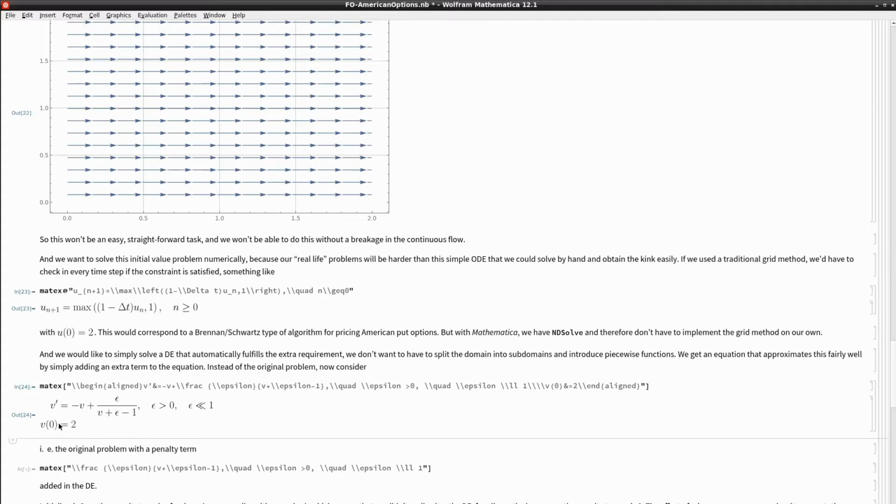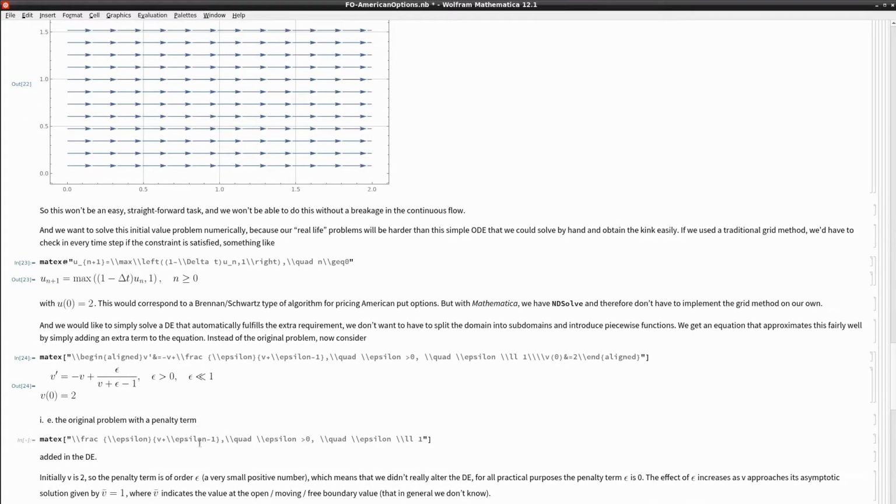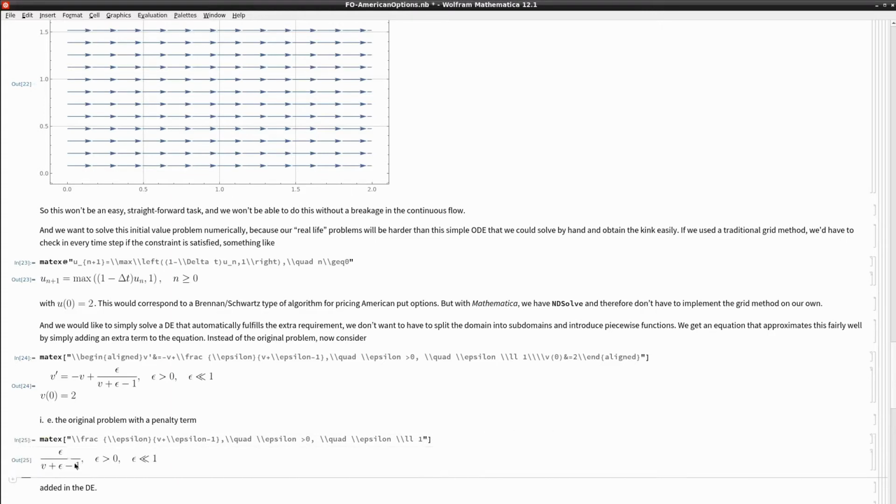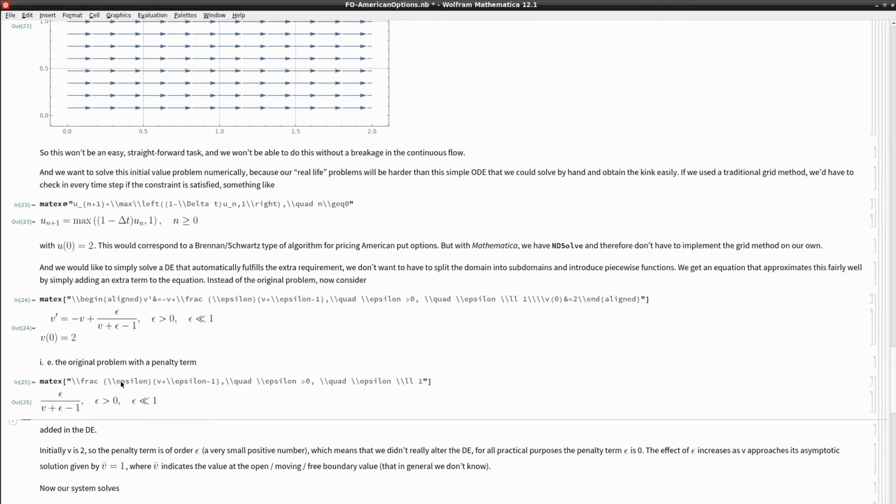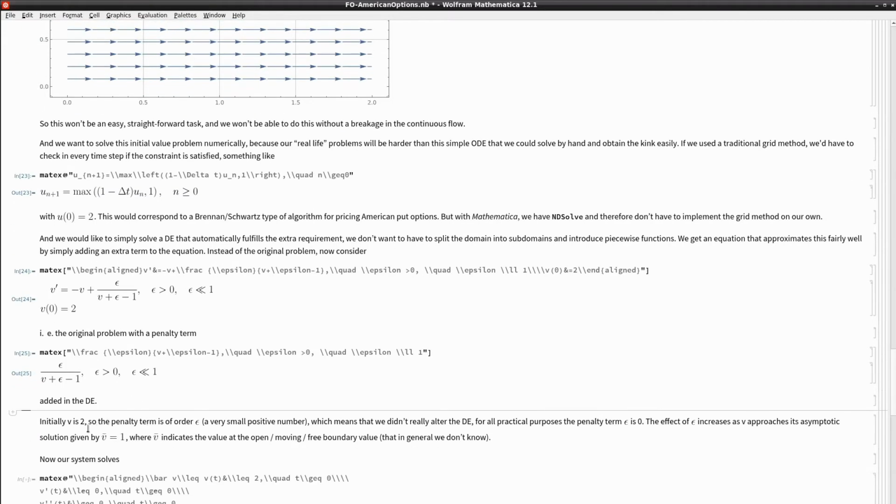And we keep the initial value, v of 0 is 2. Right, so you will notice it's the same as we had before. We had u prime equals minus u, but we now are adding this penalty term that consists of epsilon divided by v plus epsilon minus 1, with epsilon being a very small positive number. So this is now our penalty term that we're adding to this differential equation.